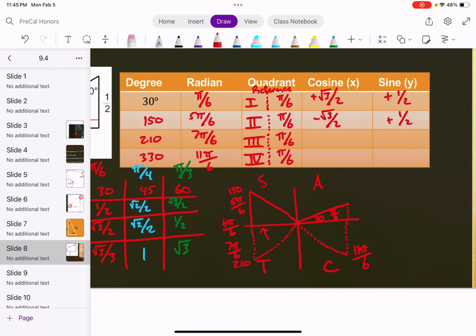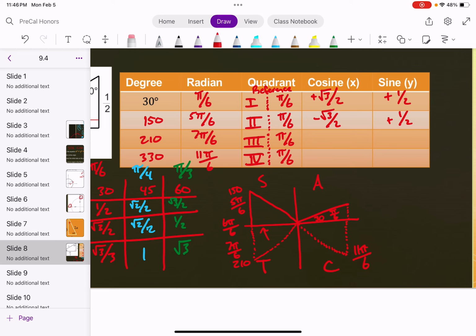Quadrant 3, this would go as 7 pi over 6. Now, because we are now looking at the lower side of our entire quadrant, what ends up happening is with this 7 pi over 6, we're actually going to end up with a slightly different number for 210.